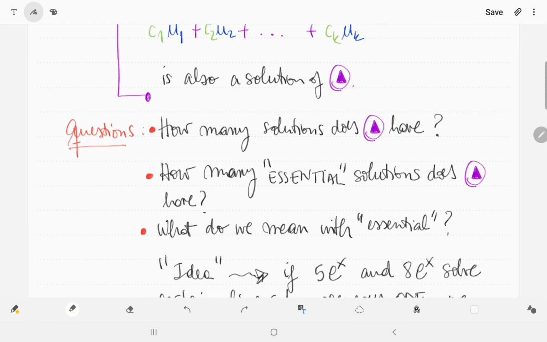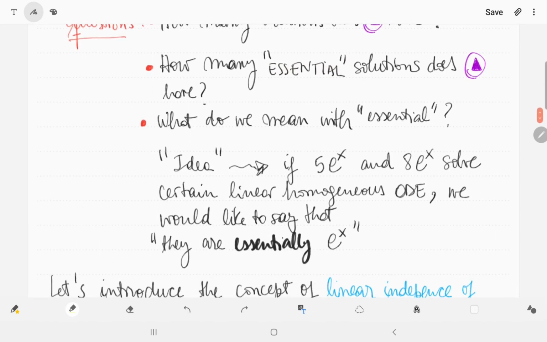And okay, what do we mean with essential? Let's check this idea. Imagine that I have a linear homogeneous equation, and I realize that 5e^x and 8e^x are solutions of this equation. But those functions are practically the same, right?